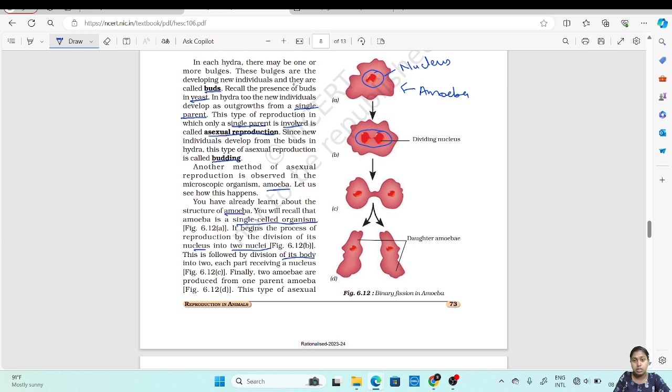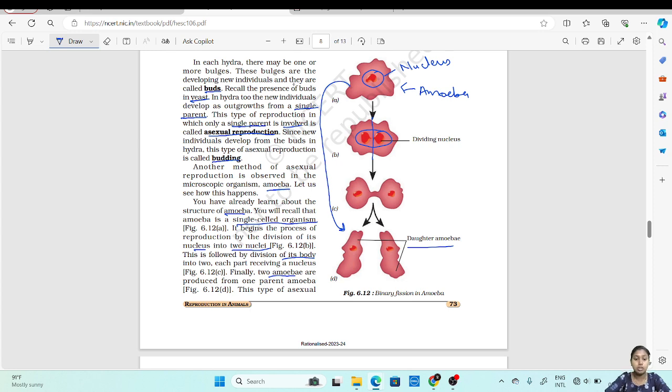The whole body also divides into two, containing one nucleus in each. Finally, two amoebas are formed. These are known as daughter amoebas. From a single parent, we now have two daughter amoebas.